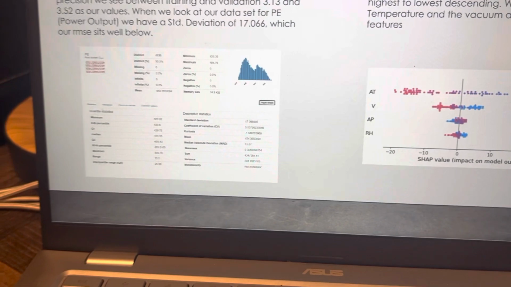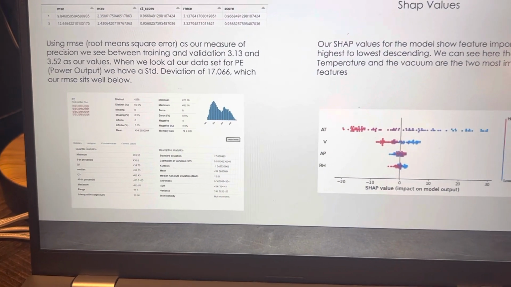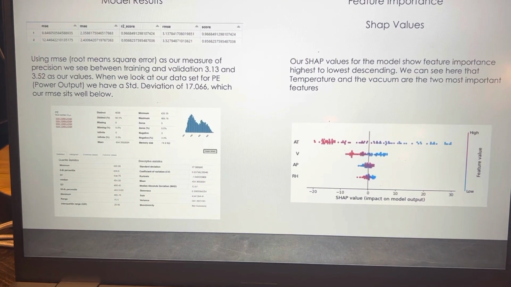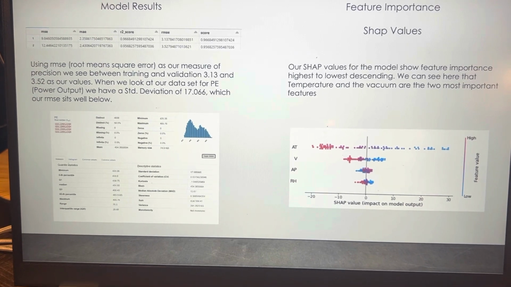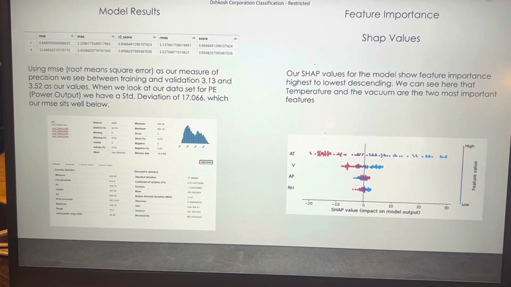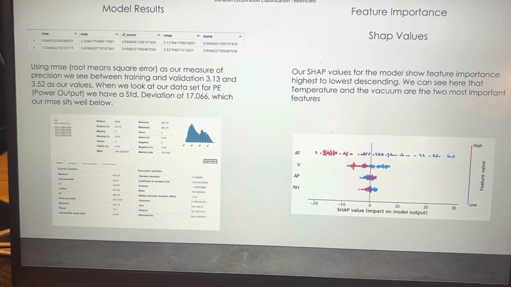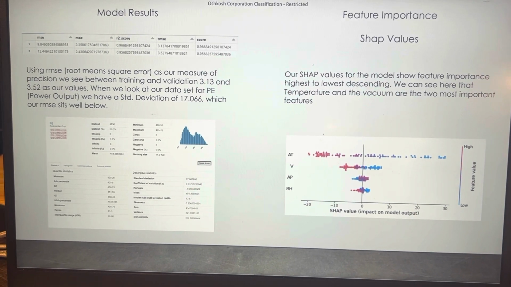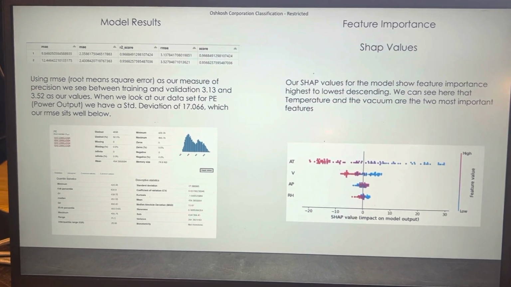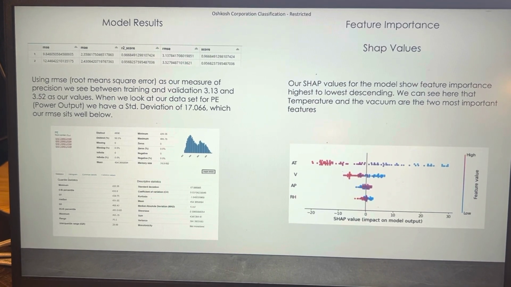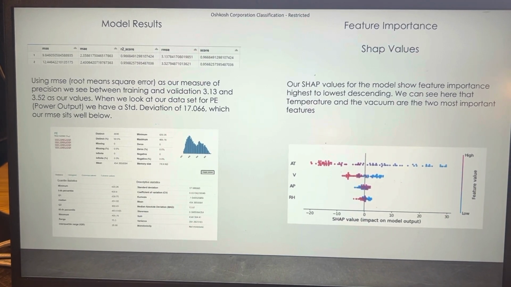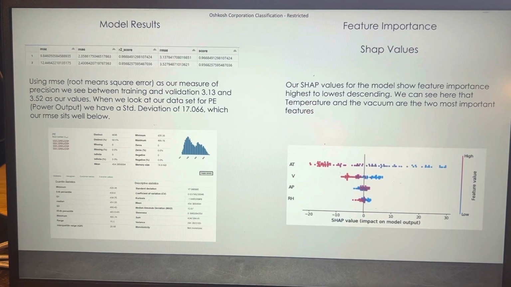So given that the error of our prediction is only 3.13 on our training and 3.52 on our validation, that is great in comparison to the standard deviation of 17.066.